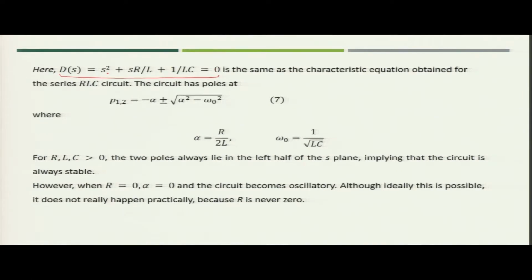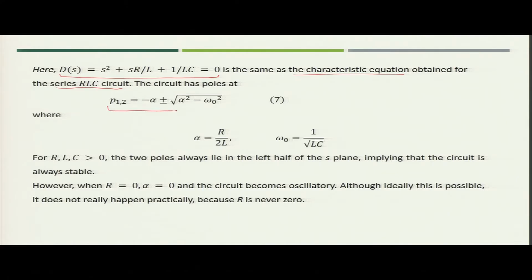The denominator expression, s square plus R by L s plus 1 by LC equal to 0, is the characteristic equation, which we have already discussed when we discussed the series RLC circuit.